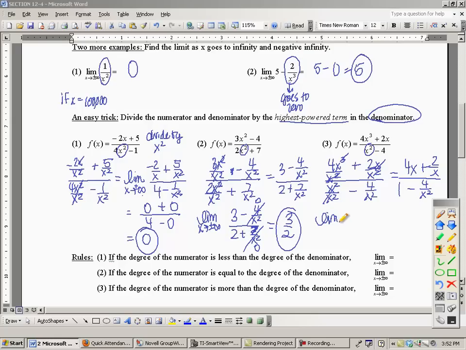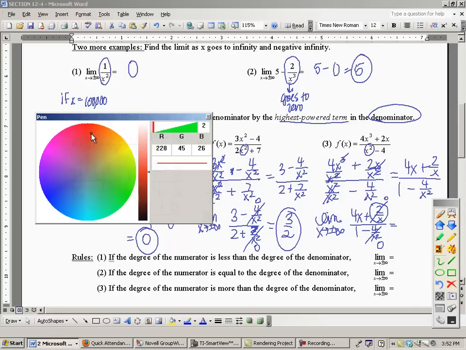Well, as I take the limit as x approaches positive or negative infinity, I'm just copying this down. Okay, what happens? This goes to 0. This goes to 0. What happens though when I put a huge number in? This is our problem area. Let me change colors because it's our problem area.